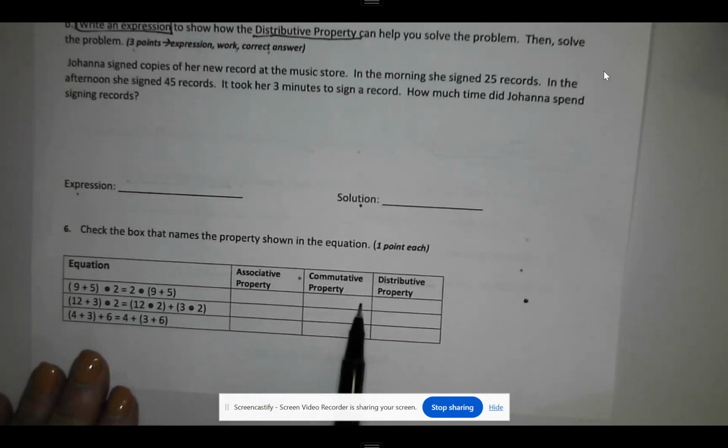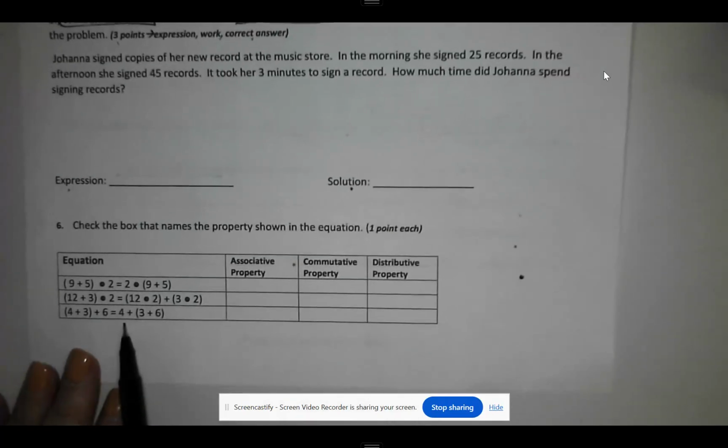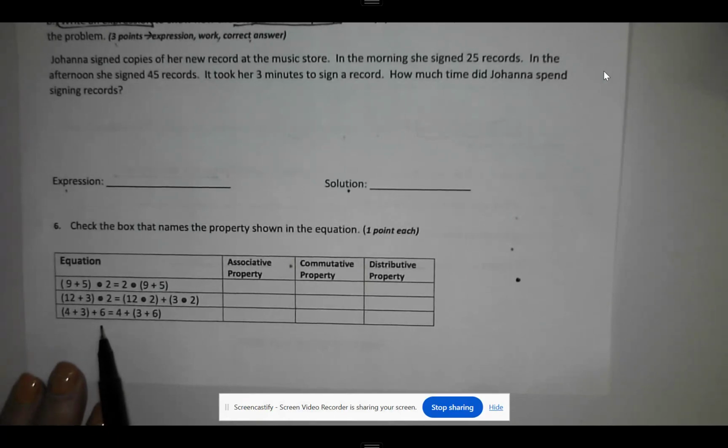Check associative, commutative, or distributive. 12 plus 3 times 2 is equal to 12 times 2 plus 3 times 2. Associative, commutative, or distributive. Finally, 4 plus 3 plus 6 equals 4 plus 3 plus 6. Associative, commutative, or distributive.